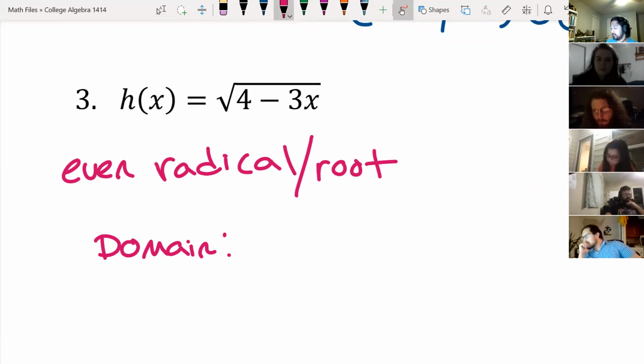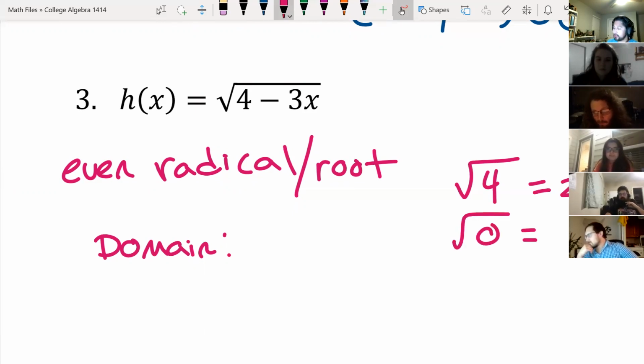I'll just run through some numbers really fast. Can you take the square root of a positive number? Yes. Can you take the square root of 0? The square root of 0 is 0. Good. Can you take the square root of a negative number?